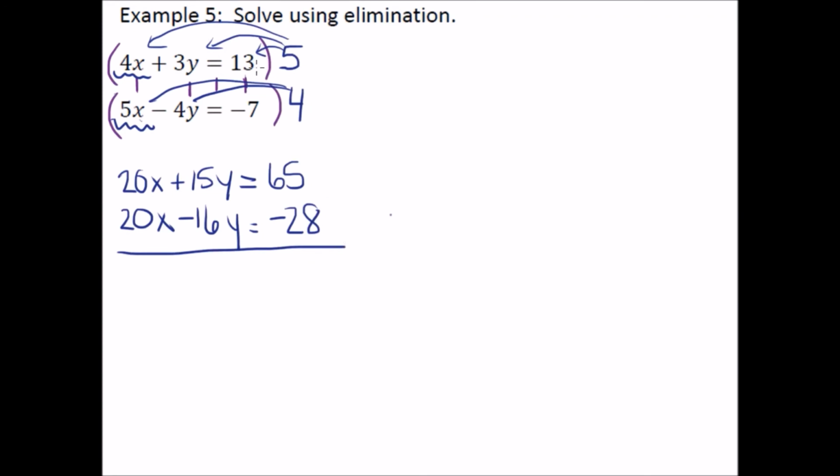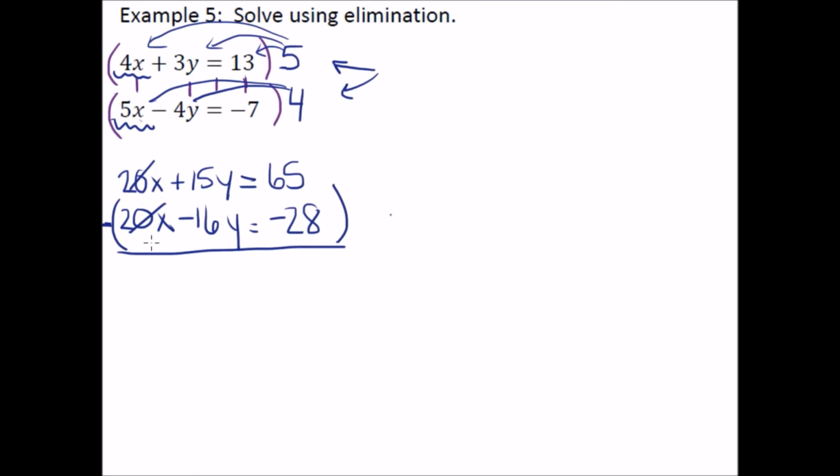Going back, we had to multiply both the first and the second equation by a constant, and you kind of just flip those two leading coefficients in order to get the 20x and the 20x. Since 20x and 20x are identical, we're going to subtract the two equations.